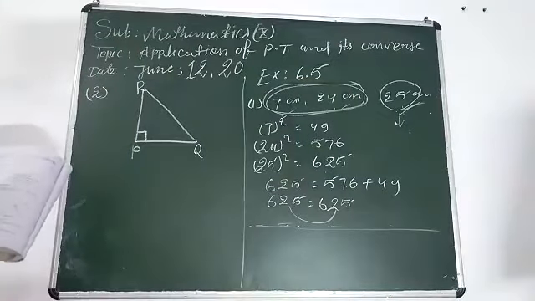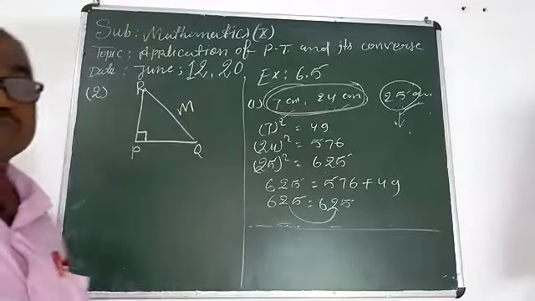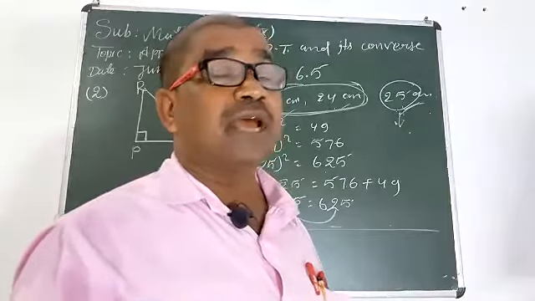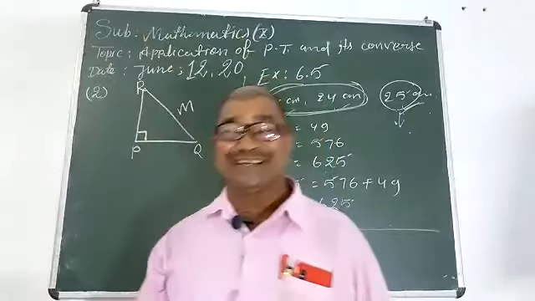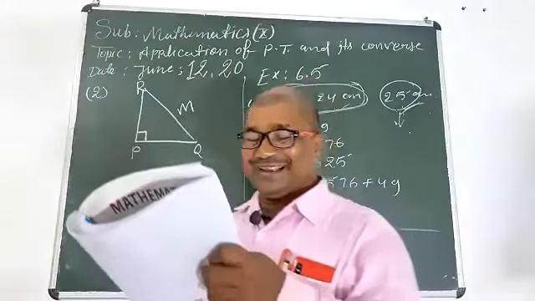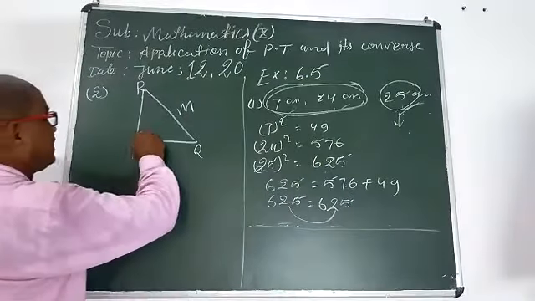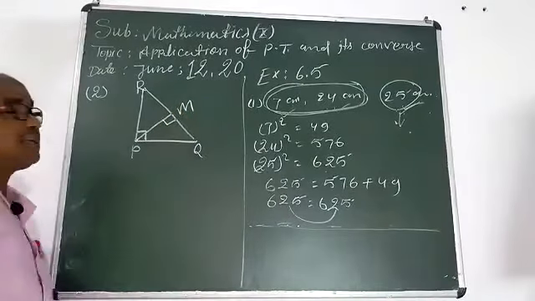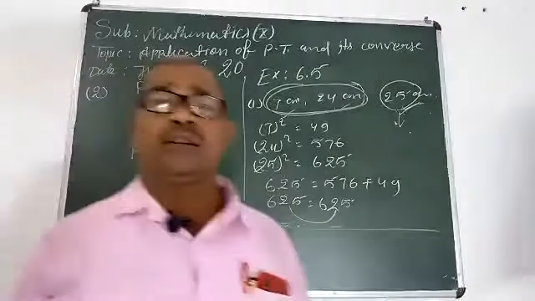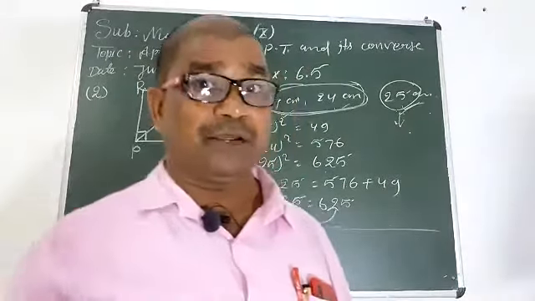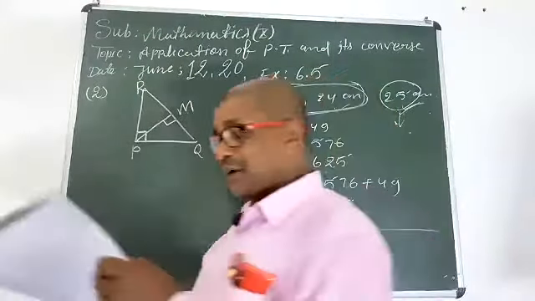And M is a point on QR. Suppose that this is the point. M is a point that lies on QR, that is its meaning, such that PM is perpendicular to QR.